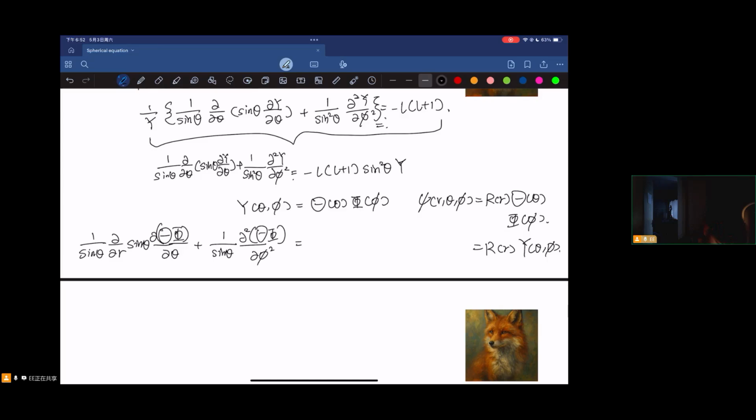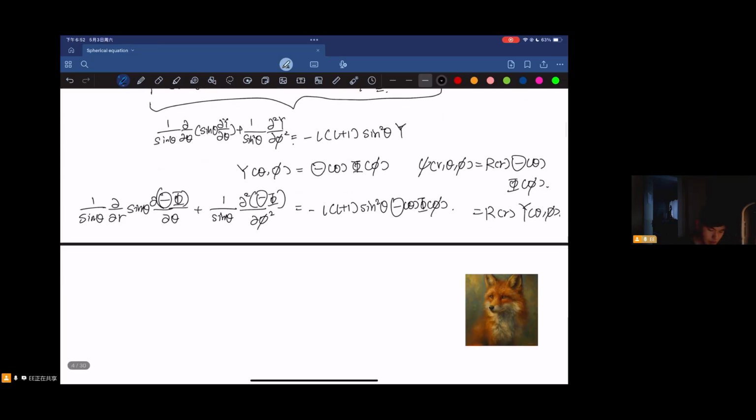Okay, great. And we divide it by the big theta and the big phi on both sides. So divided.